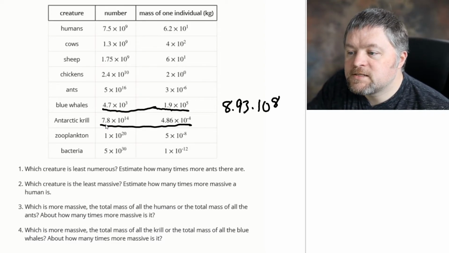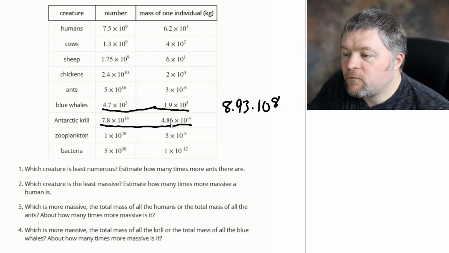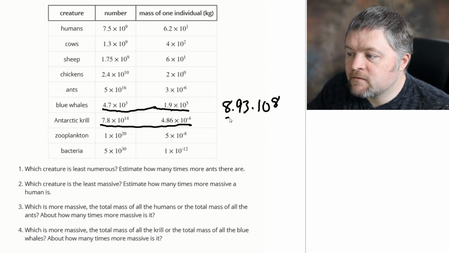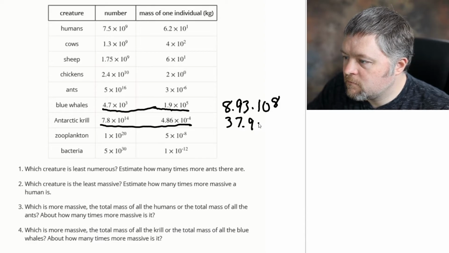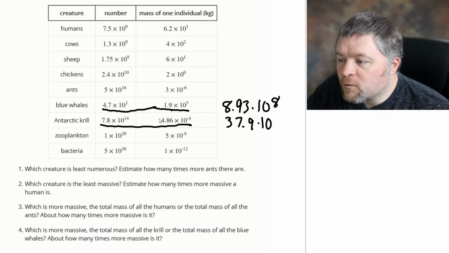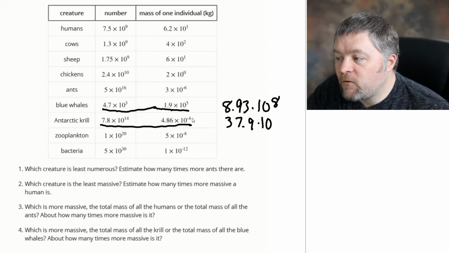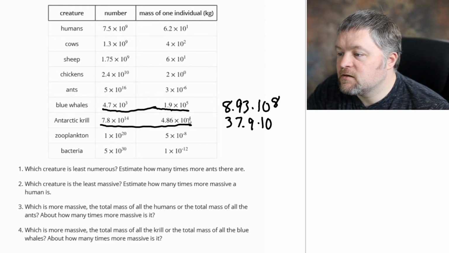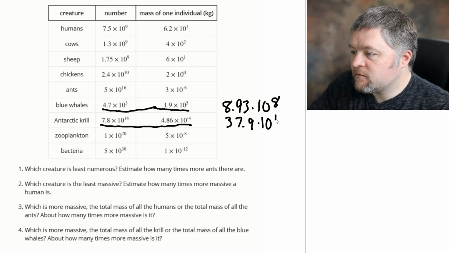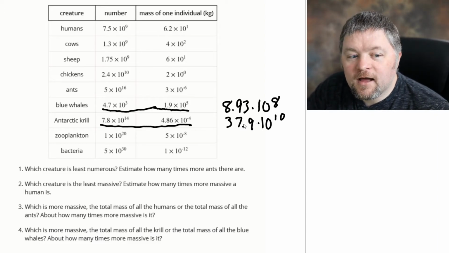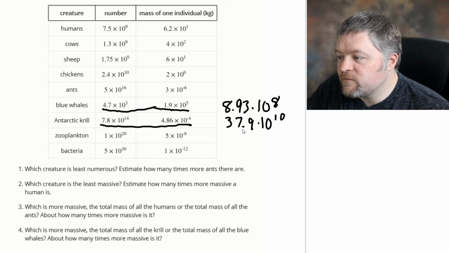Krill, 7.8 times 4.86 is 37.9 times 10 to the power of 14 plus negative 4. 14 subtract 4 is 10. Now, this one is not actually in proper scientific notation. Let's move that decimal place over.